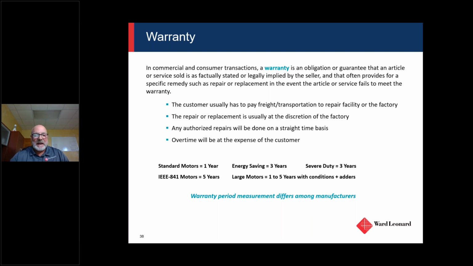But I just want to talk about what a standard warranty is typically from either a repair service center or an OEM, right? And I think that most of your better repair shops are going to offer at least a 1-year warranty on their rewind. I mean, at least. There are others that offer more than that.